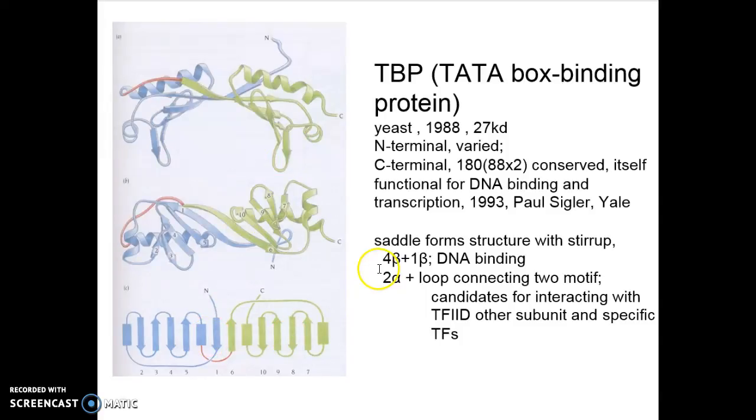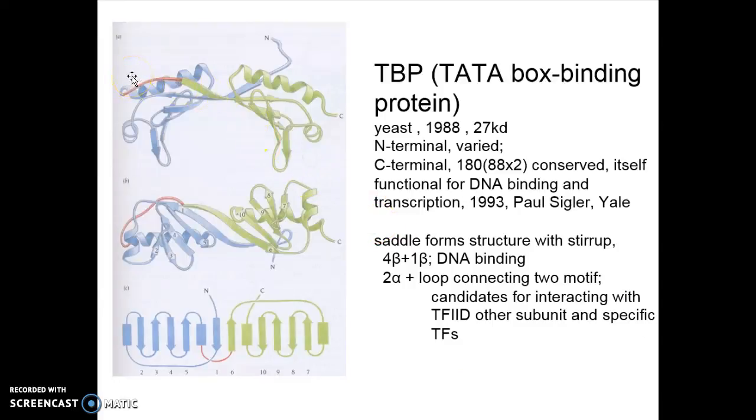Topology says each domain has 4 beta strands plus 1 beta for DNA binding, this region here in the bottom view. In addition, each domain has 2 alpha helices and a loop connecting two motifs, which could provide a site for interaction with TFIID and other specific transcription factors.